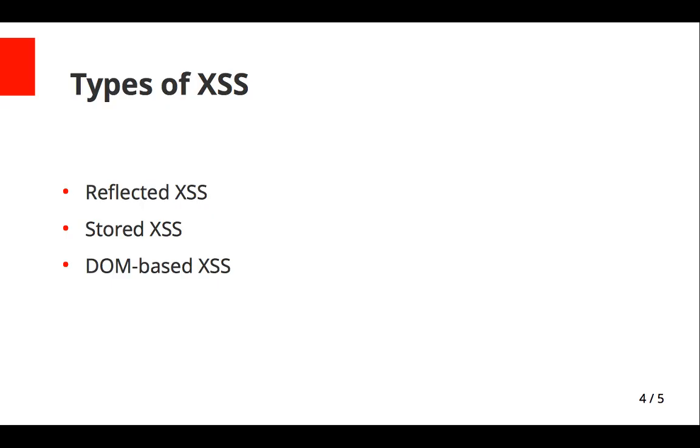The attacker's payload script has to be part of the request which is sent to the web server and reflected back in such a way that the HTTP response includes that payload. So basically, reflected cross-site scripting requires client-side interaction.